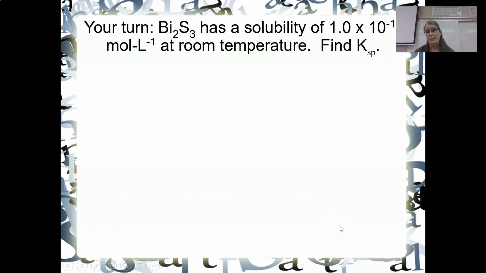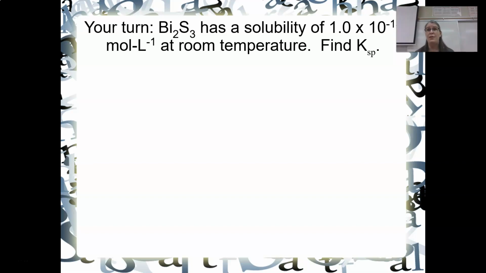So here's one more. I have the solubility of bismuth sulfide. I would like to find the KSP. So of course, I'm going to need to start with writing the equation and writing the K expression. And really, honestly, it only takes a second or two to write out this dissolution expression.